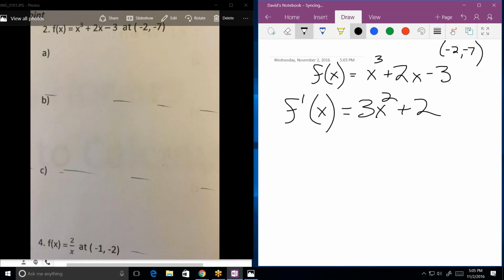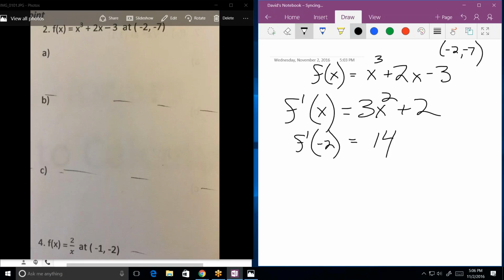So if I want a numerical answer, you said A asks you for the slope at that point, correct? Okay. So plug in the x coordinate -2. In other words, they're saying, what is the slope of the line right there?